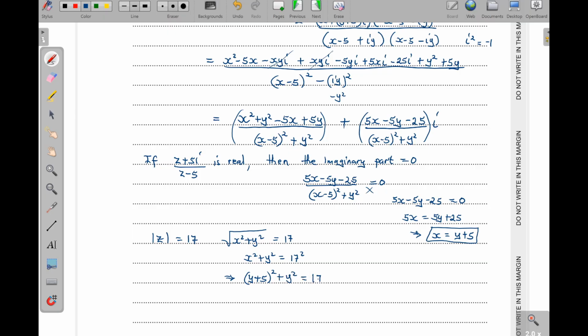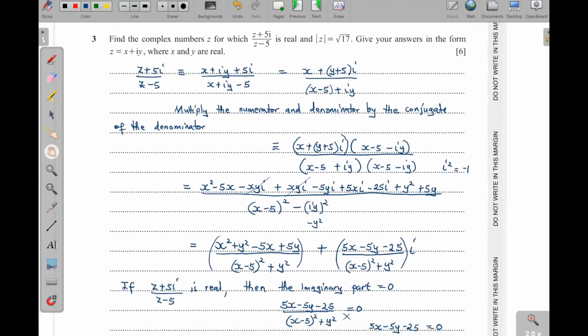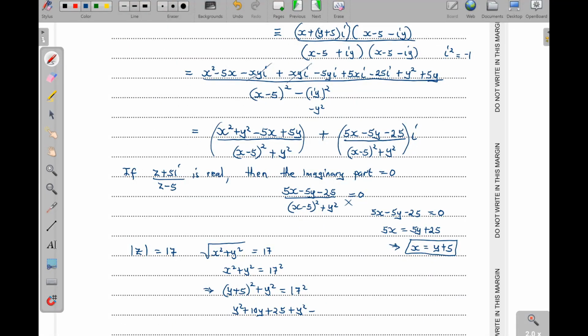Expanding here, we are going to have y squared plus 10y plus 25 plus y squared. By the way, let me first check again. It was given as root of 17. That means when we square both sides, that square root will go. Then minus the 17, this one will be equal to 0.